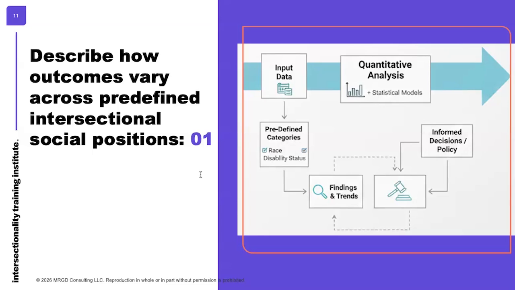And here I'm using these identities to reflect intersecting systems of racism, sexism, and homophobia. And you're interested in depression. So here you already have your predefined categories and your health outcome. Your question is, okay, now I want to describe differences within these social positions on depression outcomes, and how do I do this?